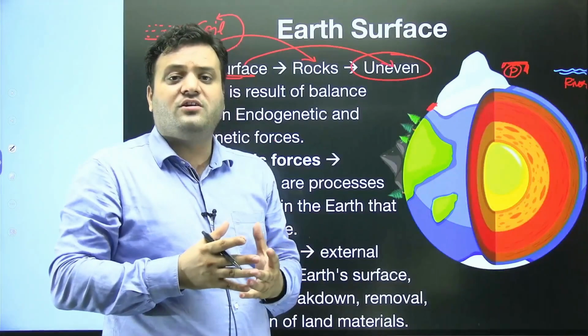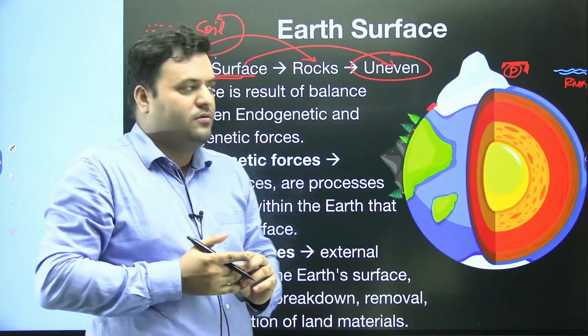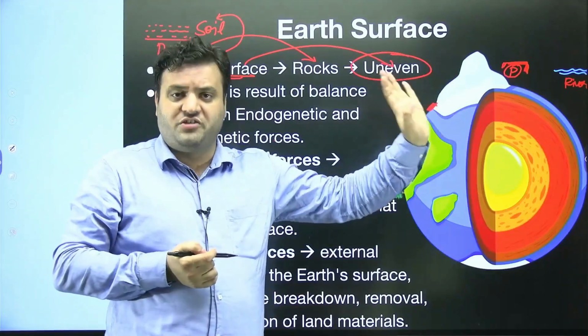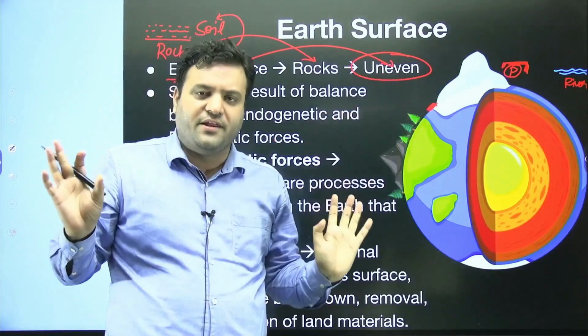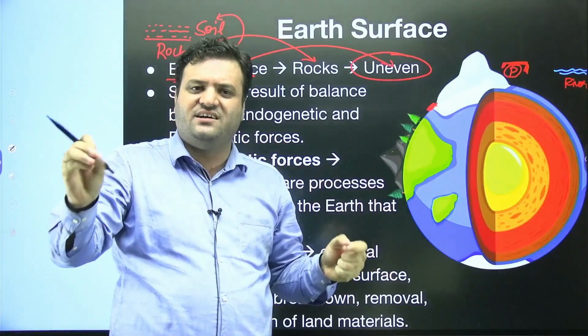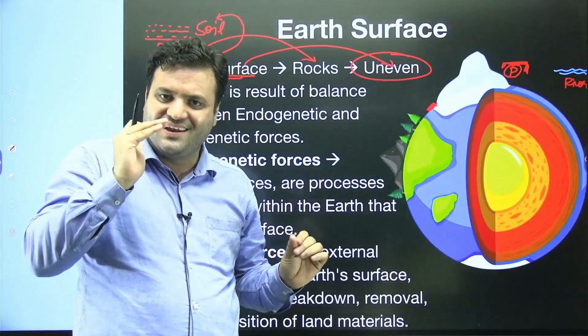In geography, we study the nature of slope, I would say. All right. So the surface which we see, wherever you are living, on mountain, plateau, whatsoever is the surface, whatsoever is the nature of landform.